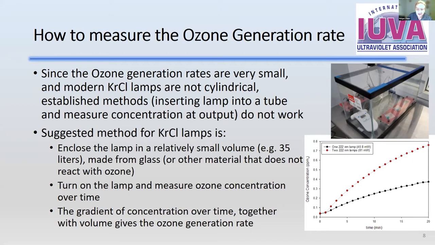If you enclose such a lamp in a small enclosed volume, like shown here, about 35 liters, made from a material that does not react with ozone, you turn on the lamp and measure the ozone concentration over time. The gradient of this ozone concentration gives you the ozone generation rate.